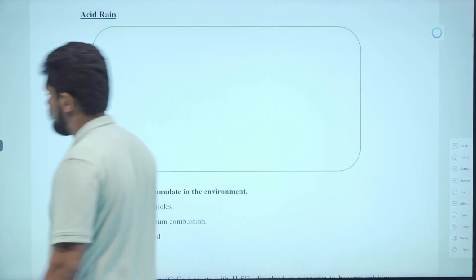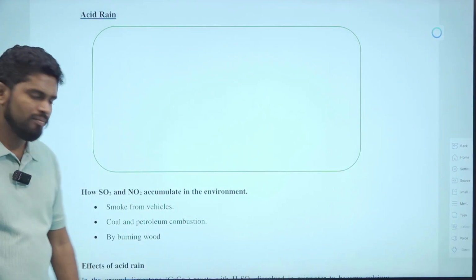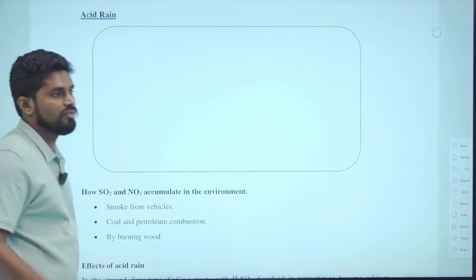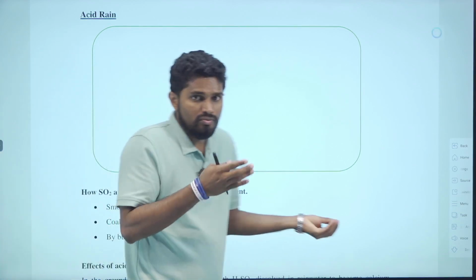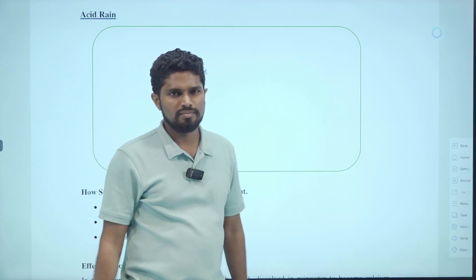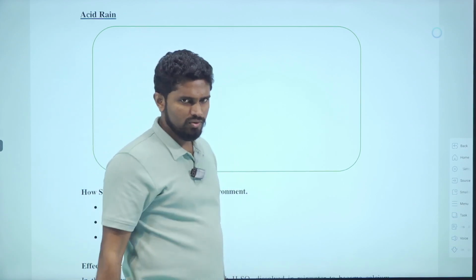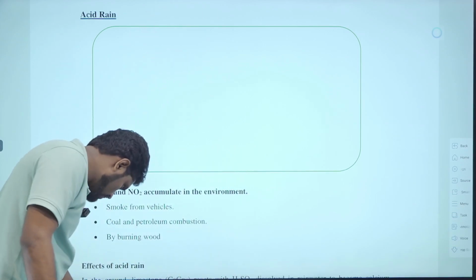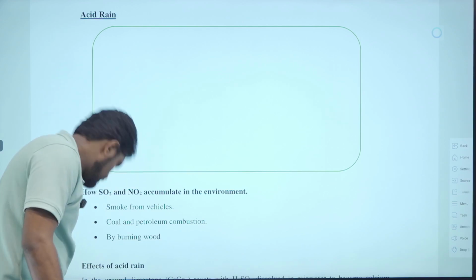Now I am going to tell what happened in acid rain. You know from the evaporation water is coming to the upside, no? With the water vapor, with the water, we have H2O, no?